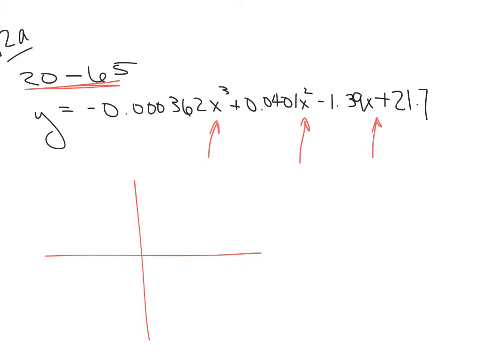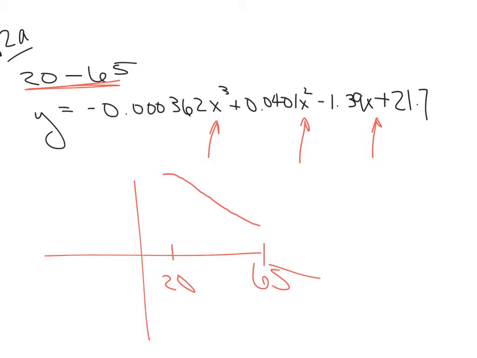And when we do that, we end up getting some graph. I have no idea what the graph looks like, but let's say it looks like this here. So this is at 20. And this is at 65, so it's got to be between there, and let's say that it kind of goes like this.